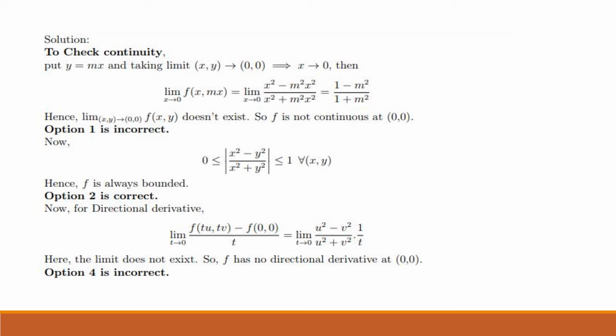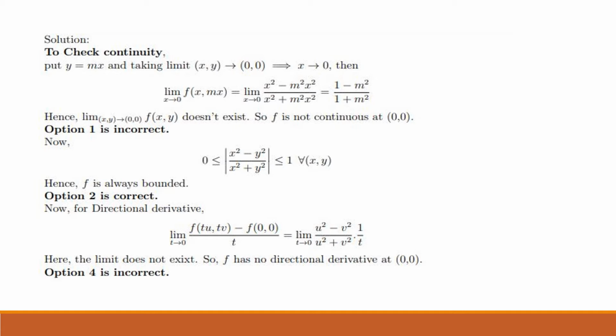Next, for the directional derivative, we use the definition, that is the limit as t goes to 0 of (f(tu, tv) minus f(0, 0)) divided by t, which equals the limit as t goes to 0 of (u square minus v square) by (u square plus v square) into 1 by t.